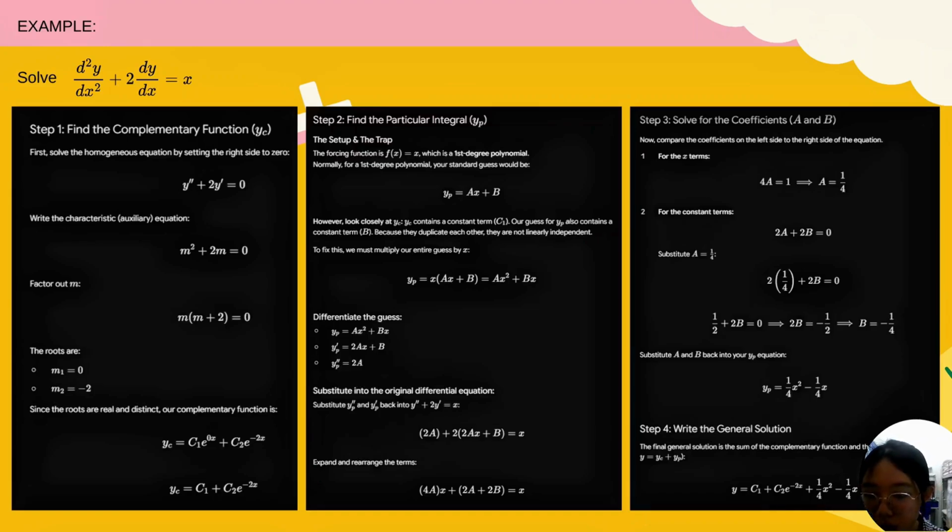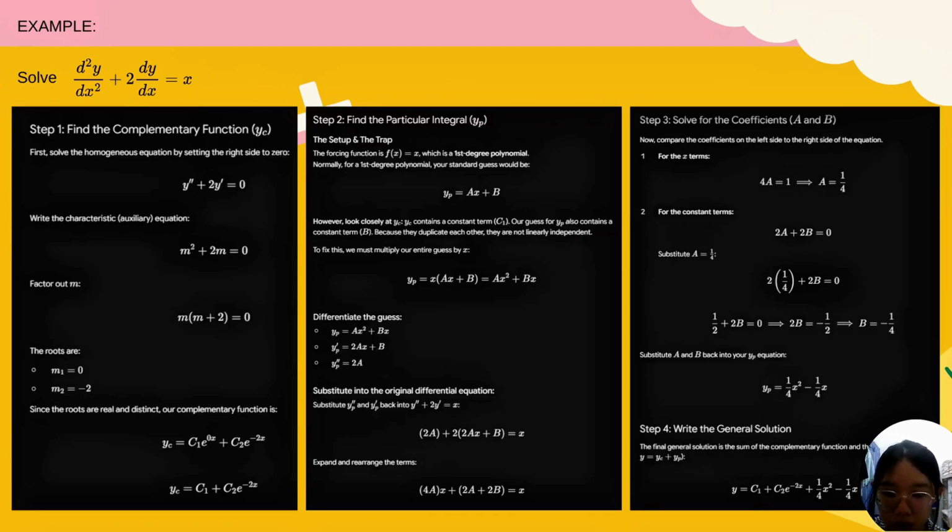It contains a constant term c1. Our guess for the particular integral also contains a constant term b. Because they duplicate each other, they are not linearly independent. To fix this, we must multiply our entire guess by x. Then we get ax squared plus bx.